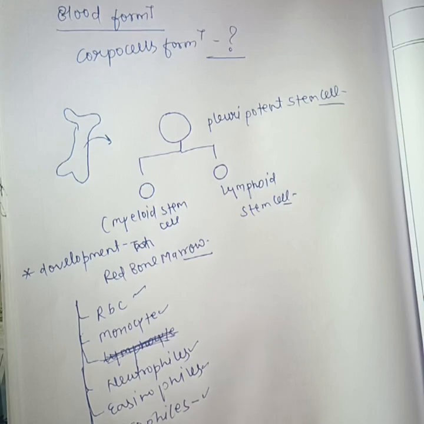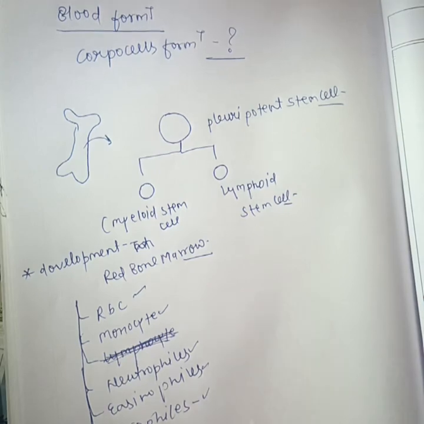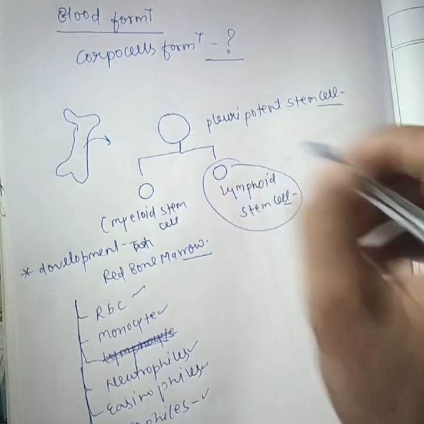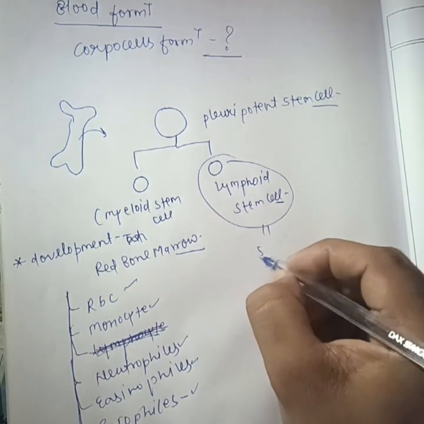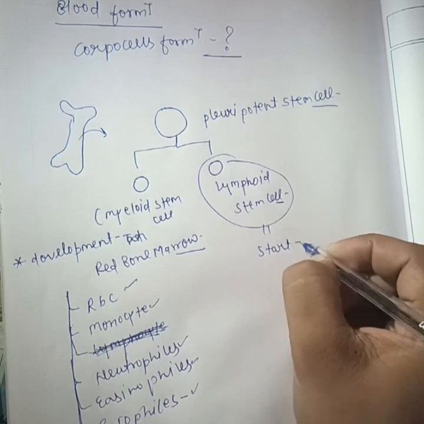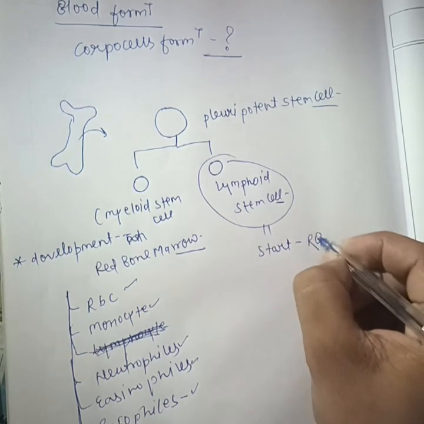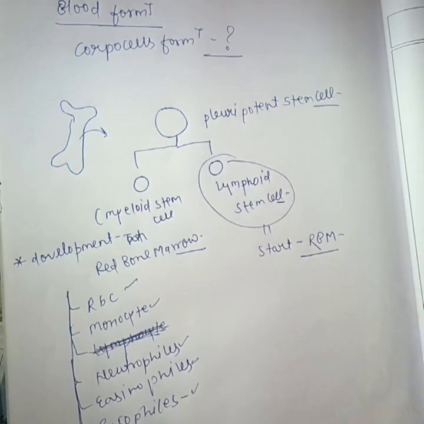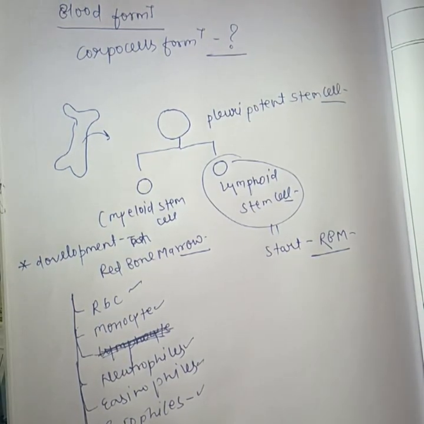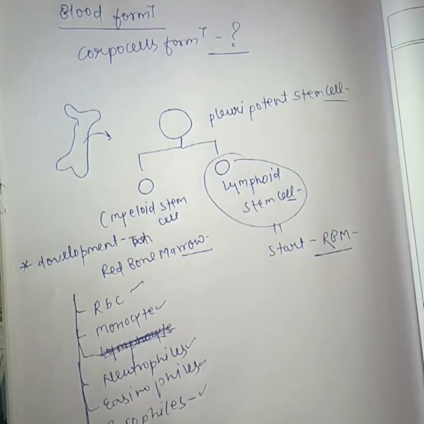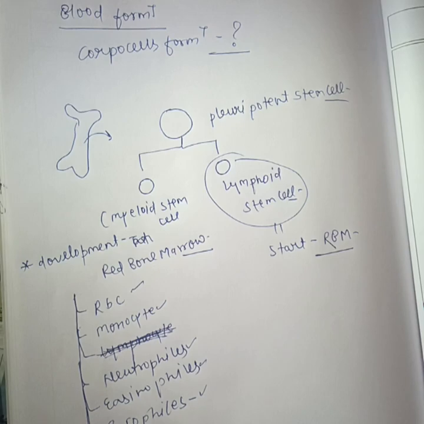The lymphoid stem cell starts its development in the red bone marrow (RBM) and further forms lymphocytes and natural killer cells.